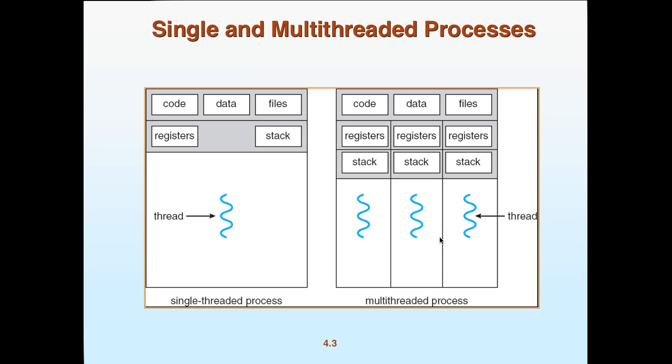If it's scheduled by threads and not processes, then this particular process is going to get 3 times as much processing time on the CPU than this one will, because this only has a single thread, and this has 3 threads that are mapped to one process. So if the abstraction is scheduling the threads, this process as a whole is going to get a higher priority CPU time. That's why we care.